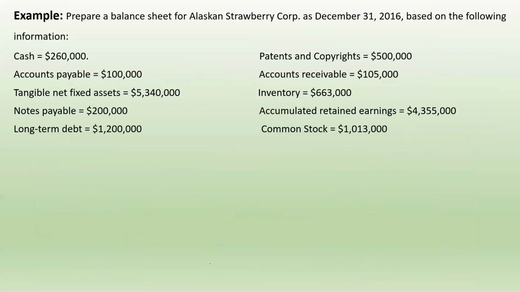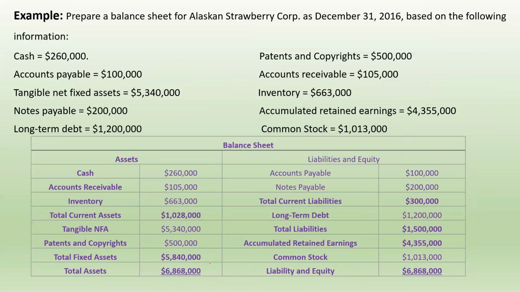Next practice, again, prepare a balance sheet. It's similar. Cash, accounts receivable, and inventory add up to total current assets, and tangible net fixed assets plus patents and copyrights equal total fixed assets.